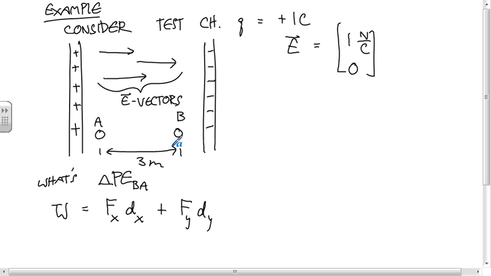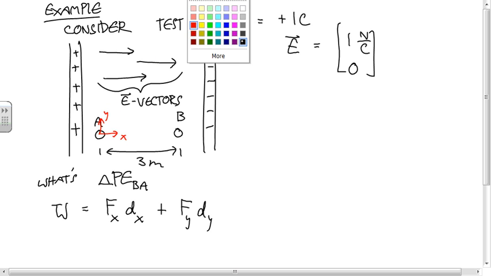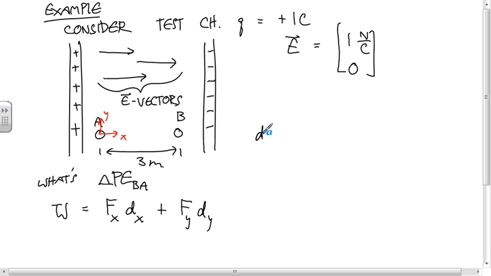It's in the x direction. One way you could do it is just put a coordinate system somewhere and assign these points. So you could call this point 3, 0, this point 0, 0, if you put the coordinate system here. Then your displacement vector would be (3, 0) minus (0, 0).